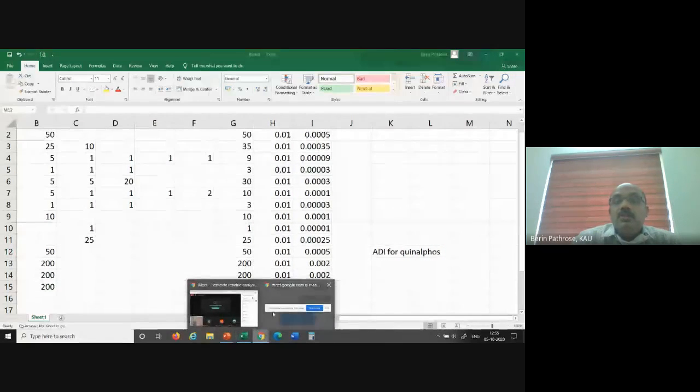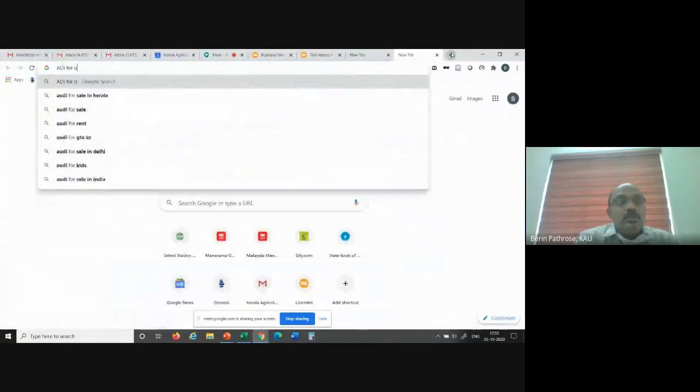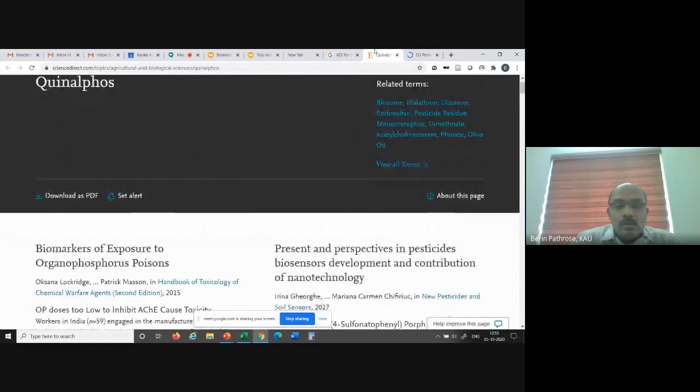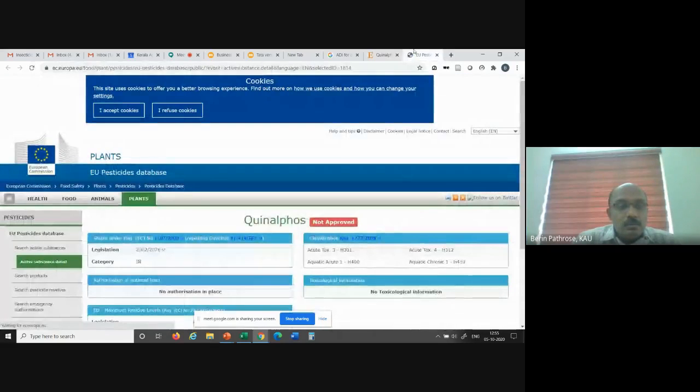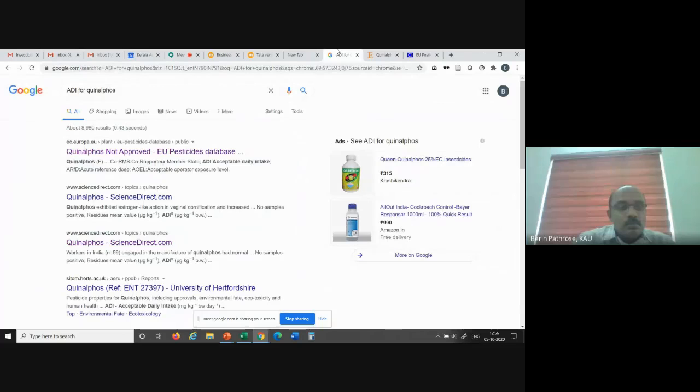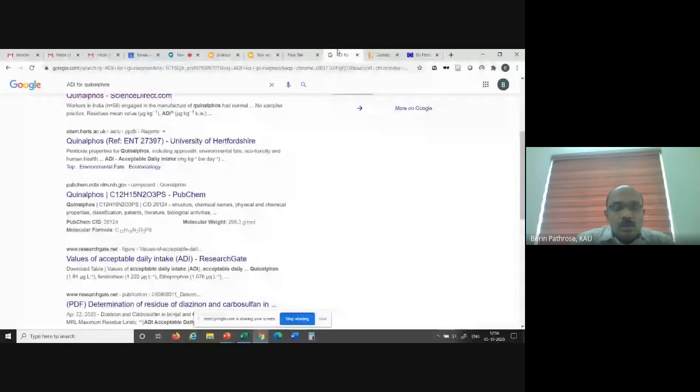For quinalphos it is 1.91 microgram per liter.